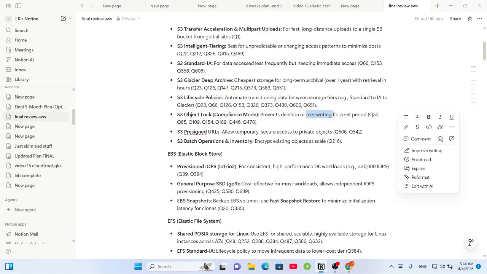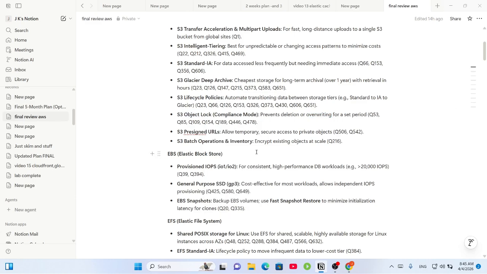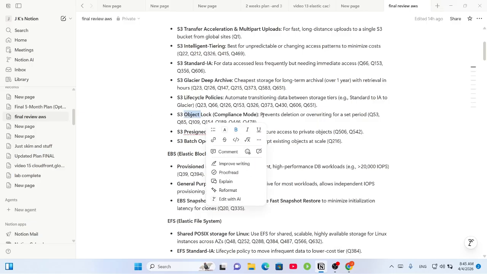So we've talked about Object Lock as well. In Object Lock we have compliance mode and governance mode, I think. So we use compliance mode. If you enable Object Lock, you can set a period, like 1 day or something.